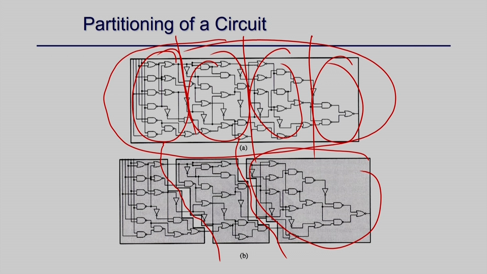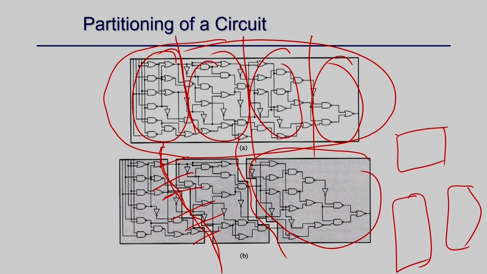We have to partition, and what we have to take care of here is this cut, the number of wires crossing this cut, right. If you make a partition here, we have to identify how many wires are crossing, because those wires have to be routed later. When you break things into, say, three components as I have shown here, all the connections crossing this cut have to be routed.